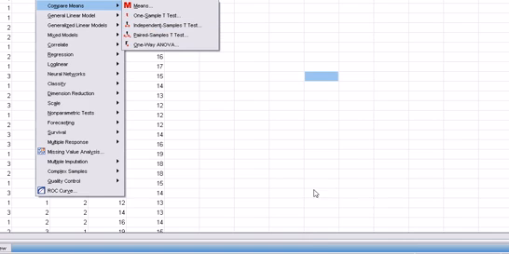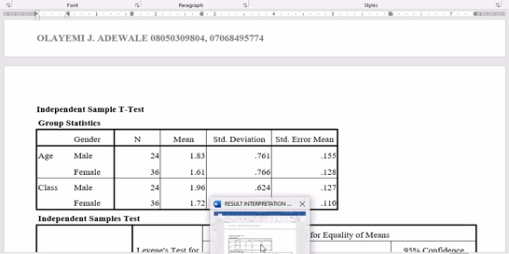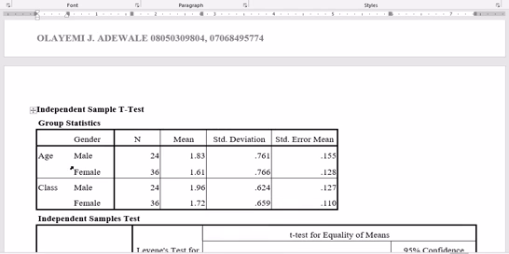Let's move down to our interpretation. This is the value you will get, telling us about the male. I grouped independent the gender and the age, then the gender and the class. Now we have 24, and that's the number of observations and the mean.